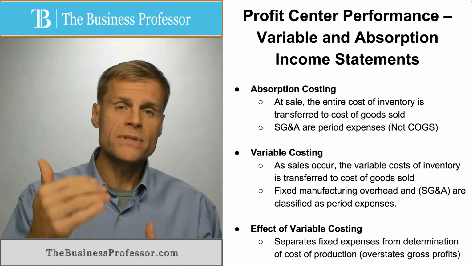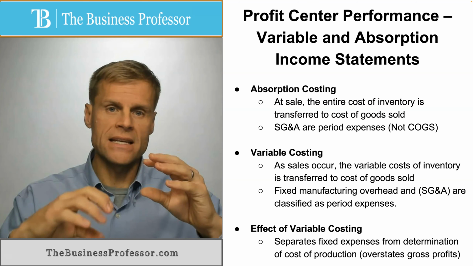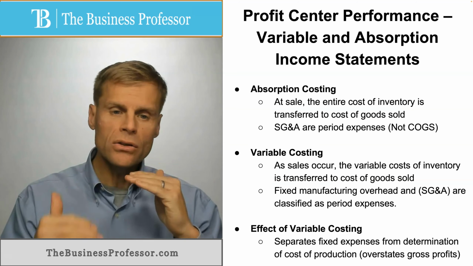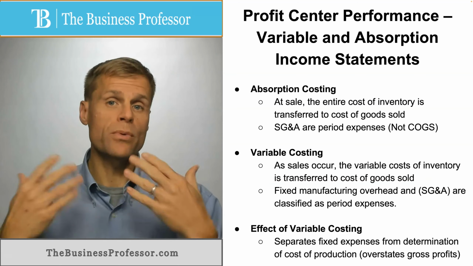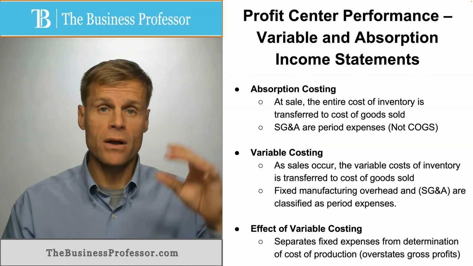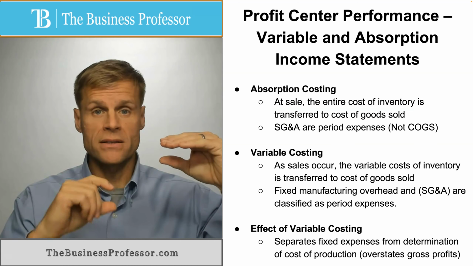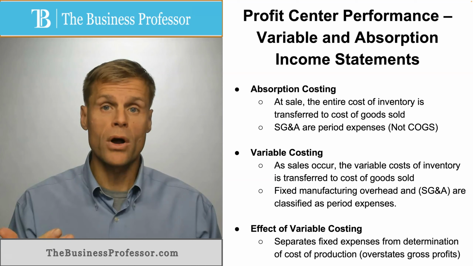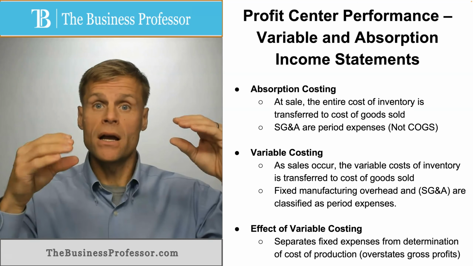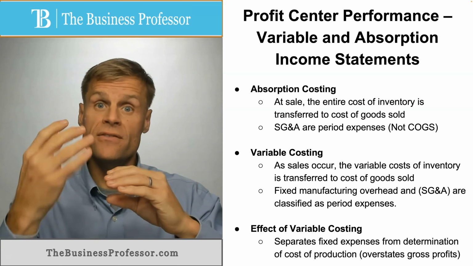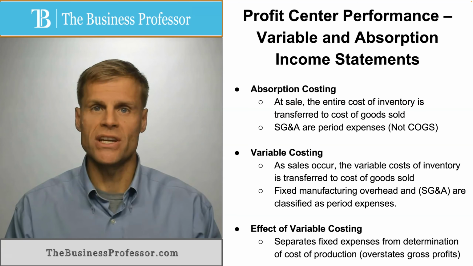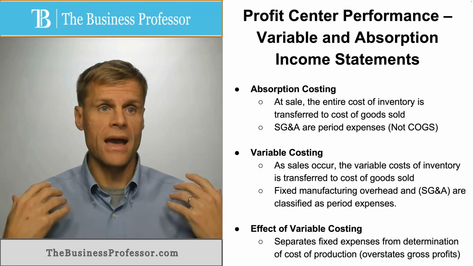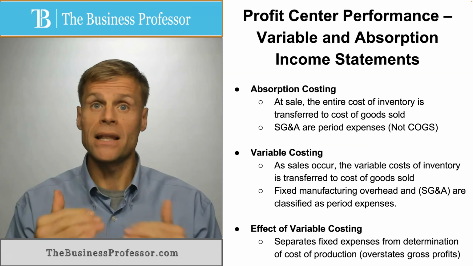Well, if you separate out the fixed expenses and put them into this separate SG&A account, it looks as if your gross profits are higher, because once again, your sales revenue minus your cost of goods sold, well, your cost of goods sold with variable costing is going to be lower because part of those expenses, the fixed expenses, are included in SG&A. So whoever's reading the income statements is going to get a different understanding by looking at this.